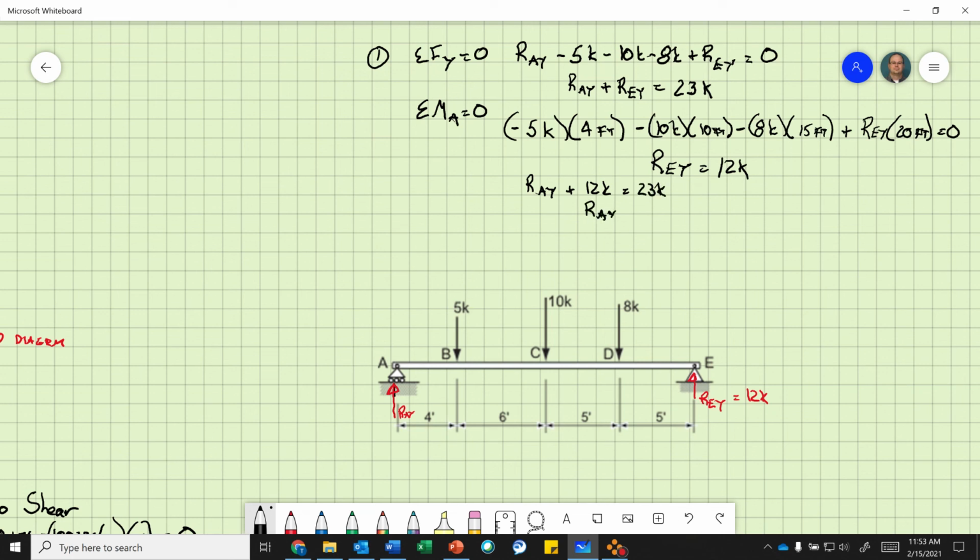RAY equals 23 minus 12 equals 11 kips. That's going to do this 5 times 4 plus 10 times 10 plus 8. Yep. Okay. That equals 11 kips.